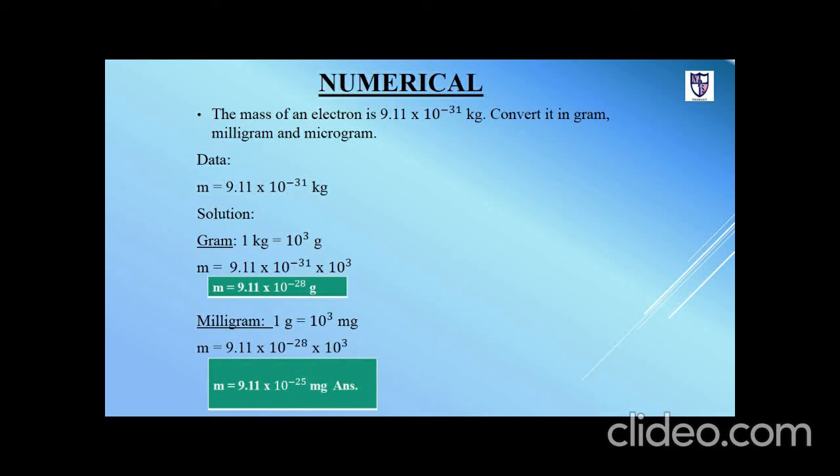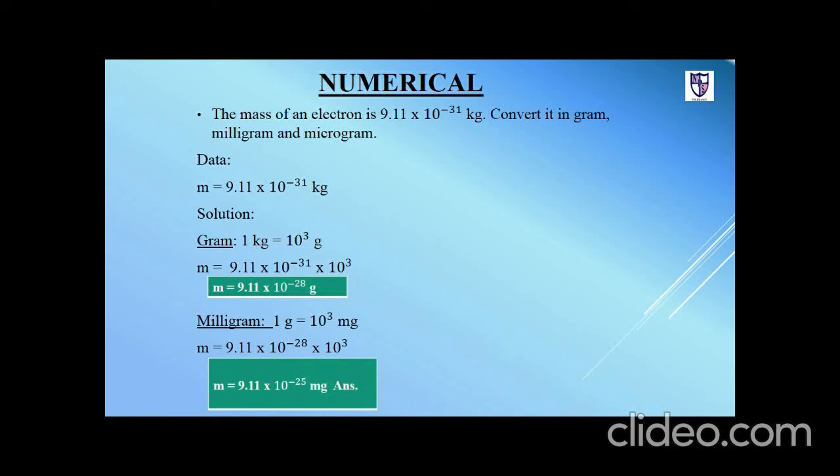The mass of an electron is 9.11 exponent minus 31 kg. Convert it in gram, milligram and microgram. We have given the mass in kg. For conversion, we need to know its table to convert it easily.